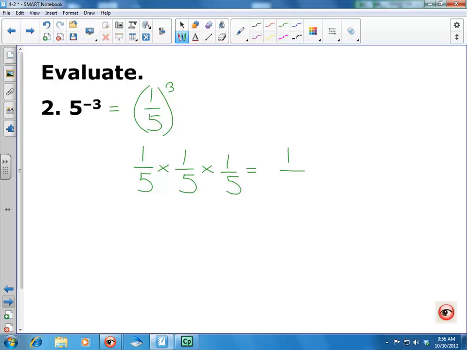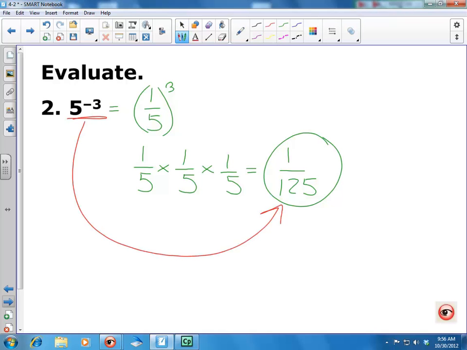That's right. 5 times 5 is 25 times 5 is 125. And that's my answer right there. So 5 to the negative 3 power equals 1 over 125.